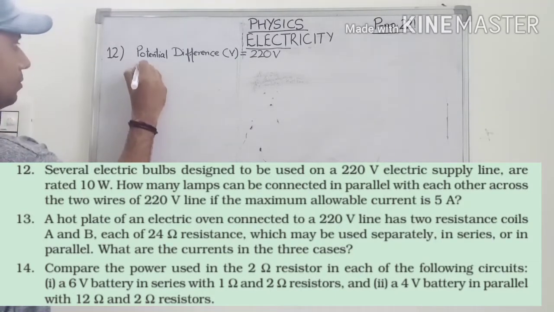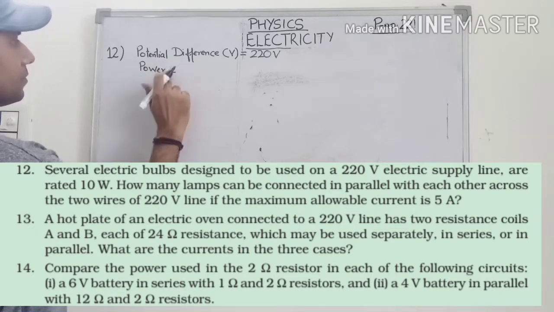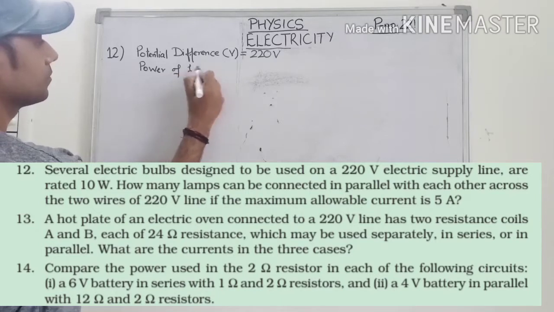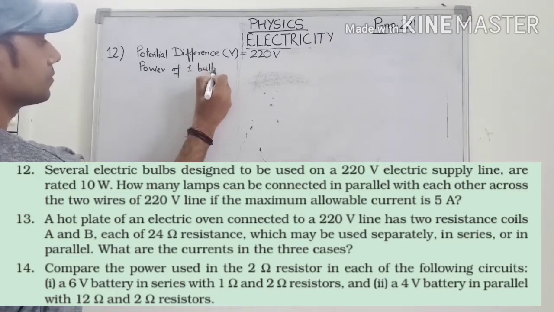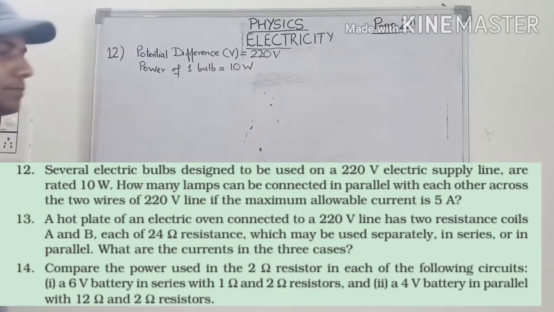The power of one bulb is 10 watts, and here we have to find how many lamps are connected in parallel.